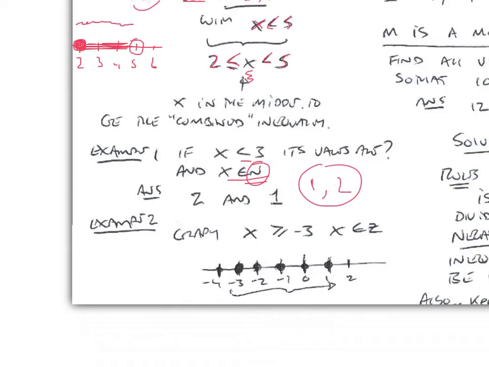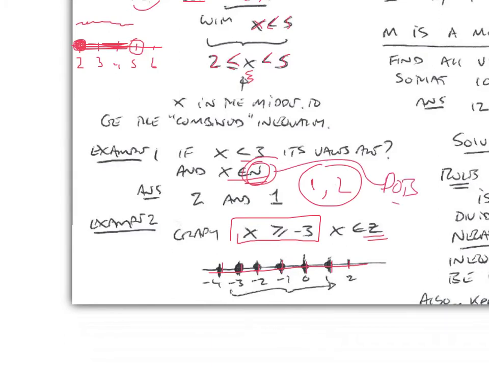Okay. What about if we graph the inequality x is greater than or equal to minus 3 and x is an integer? Okay, so we draw our number line. Okay, and we mark 0, 1, 2, minus 1, minus 2, minus 3, minus 4. Since it's integers, we're going to use dots, not a really thick line.